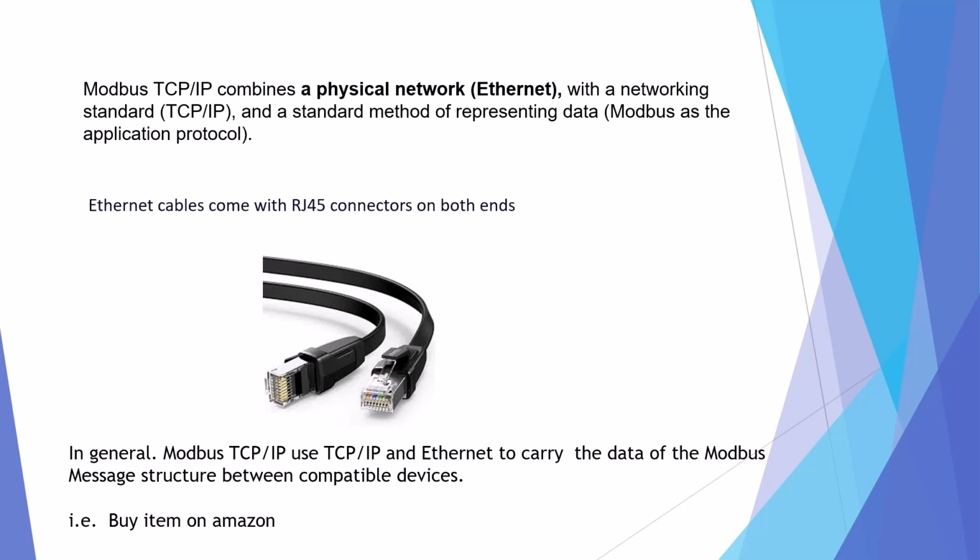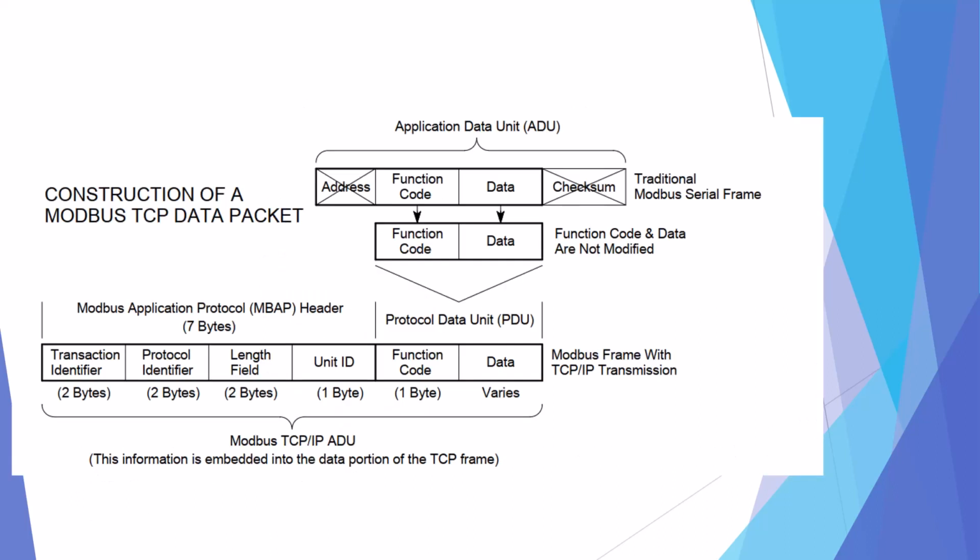So we know the Modbus RTU frame is address, function code, data, and checksum, which is CRC. But just the function code and data are embedded into the TCP/IP frame. The TCP/IP frame has the IP address and all this other stuff.